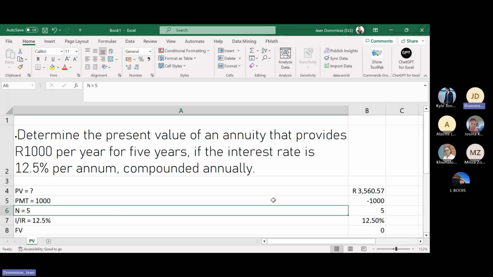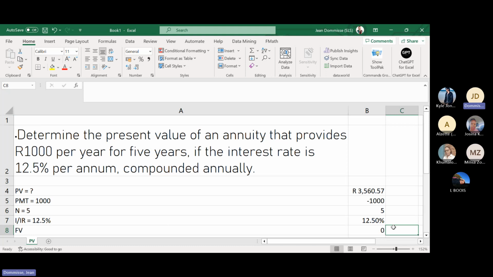If we needed to say work out the future value, I'm not going to do it now, but there is also a future value formula. Okay, which again, exactly the same information.